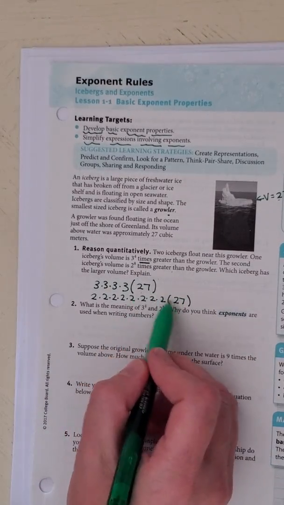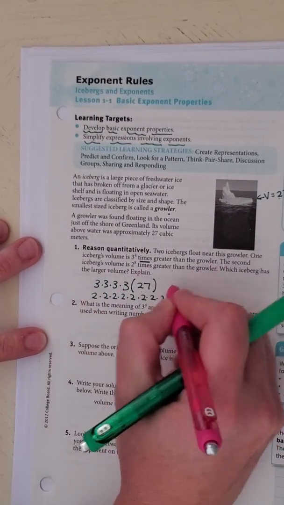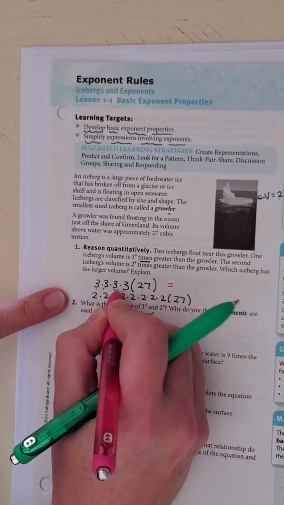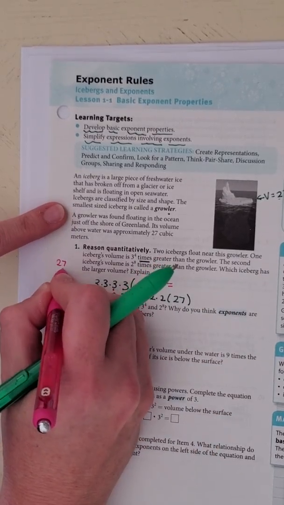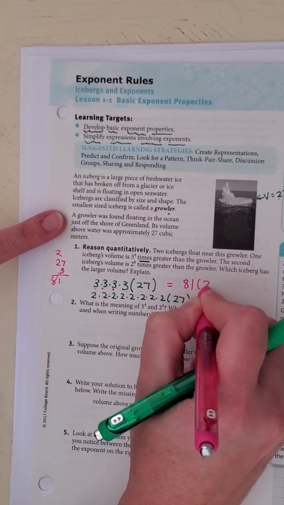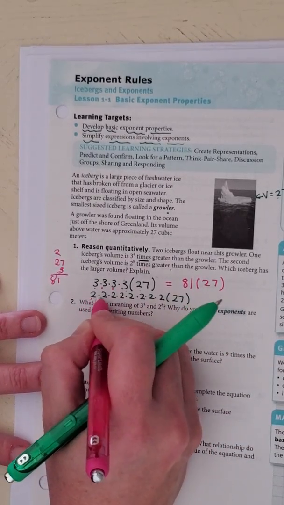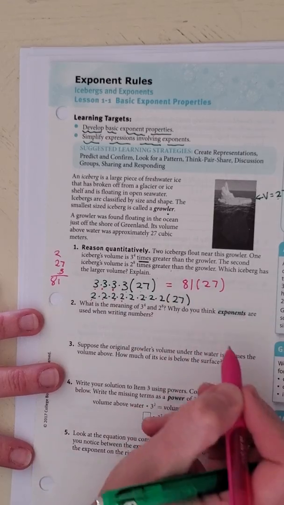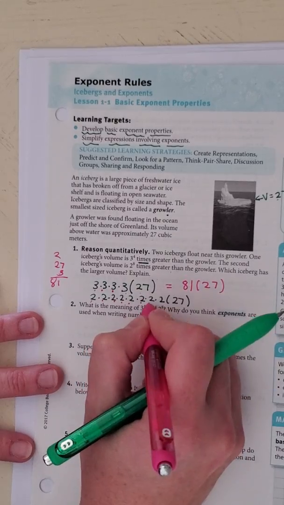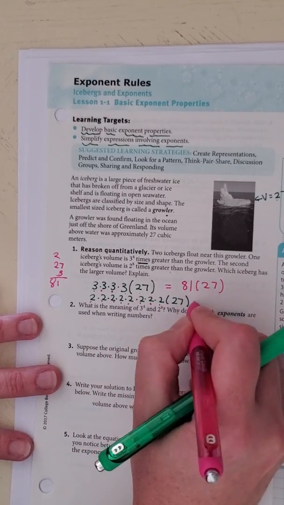Now, since we're multiplying both by 27, really we just need to figure out which one is larger. 3 to the 4th is 9, 27, 27 times 3 is 81 times 27, versus 2 to the 8th, which is 2 times 2 is 4, times 2 is 8, times 2 is 16, times 2 is 32, times 2 is 64, times 2 is 128, times 2, I believe, is 256.